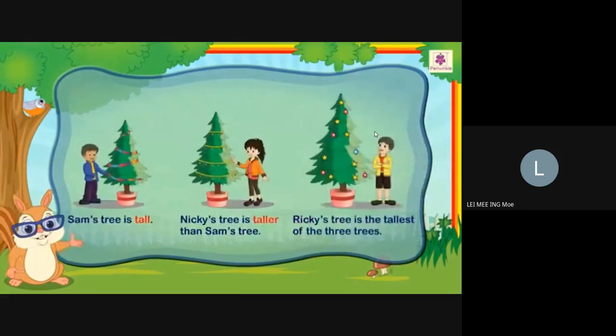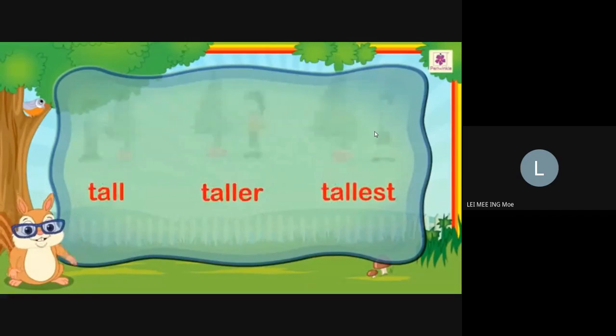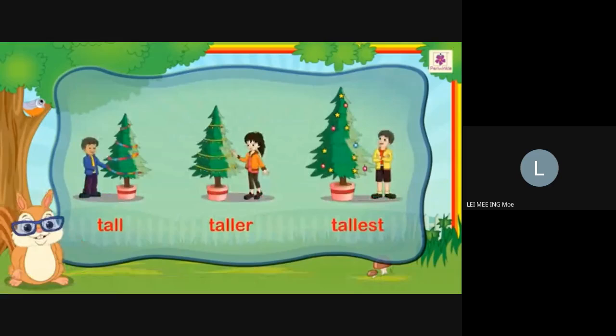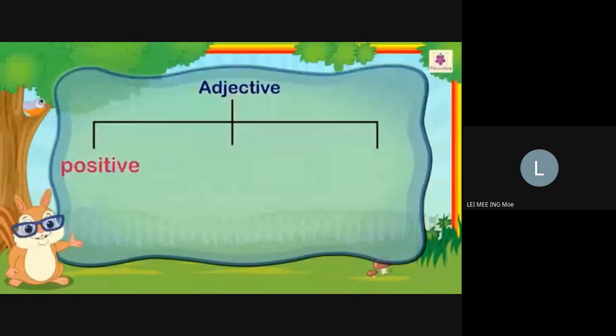Ricky's tree is the tallest of the three trees. The words tall, taller, and tallest are adjectives. They describe the trees brought by Sam, Nikki, and Ricky. An adjective has three forms: positive, comparative, and superlative.